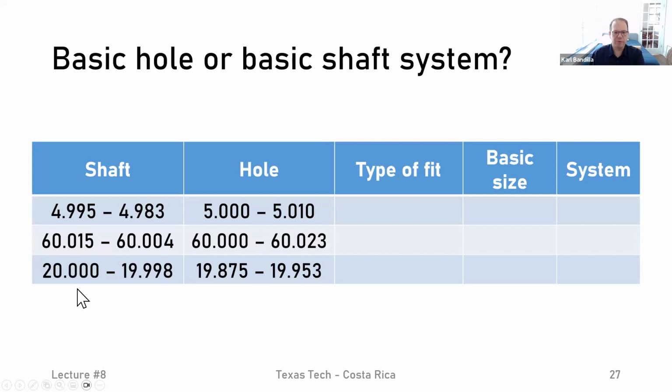All right, let's practice this for a little bit, and let's see how fast we can be about getting our type of fit. So if I give you this shaft and this hole, what type of fit do we get?